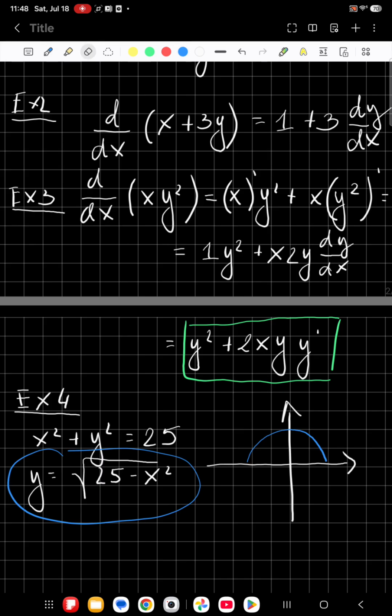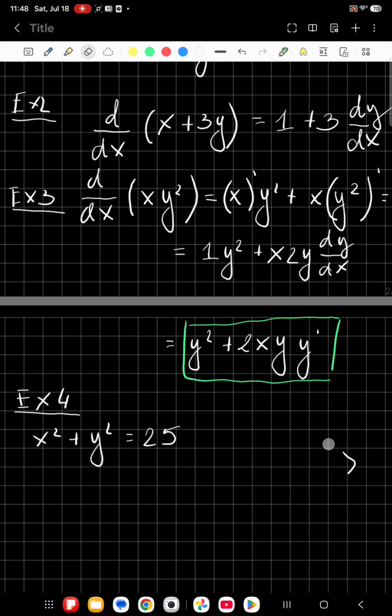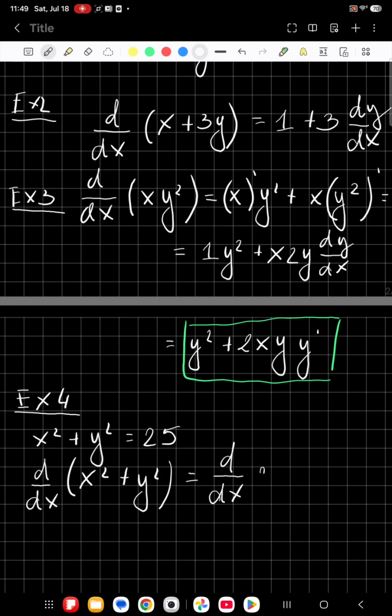Okay, so now we have this new skill of differentiating functions that are defined implicitly. So let's use that skill and figure out what that formula for the slope will be. Okay, so taking the derivative with respect to x of this whole thing, x squared plus y squared, and on the right side, similarly, the derivative with respect to x of 25.